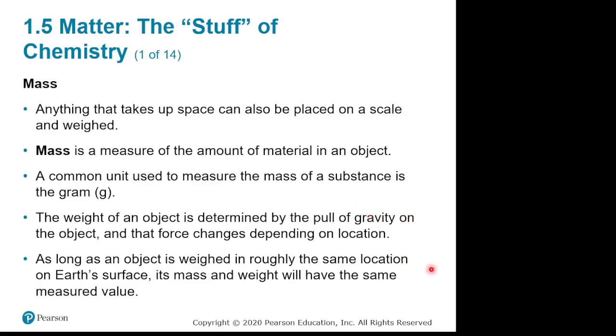All right. Now, as long as the object that's being weighed is roughly in the same location on Earth's surface, its mass and weight will have the same measured value, won't change. If you're measuring mass in different locations, you will need new equipment to do it, but you will still get the same mass. In terms of weight, though, they would change based on location. Okay?